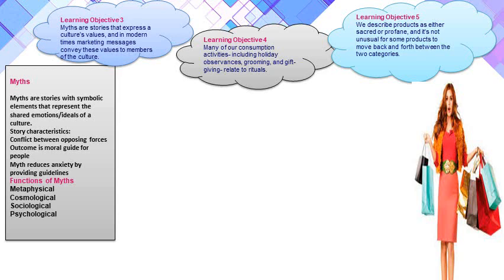Some figures embody such fundamental properties that they become a monomyth. In American culture, for instance, Superman is a monomyth. Many famous movies and television shows are built on mythic themes. Gone with the Wind builds upon the romance of war and illustrates a lost era where man and nature existed in harmony.